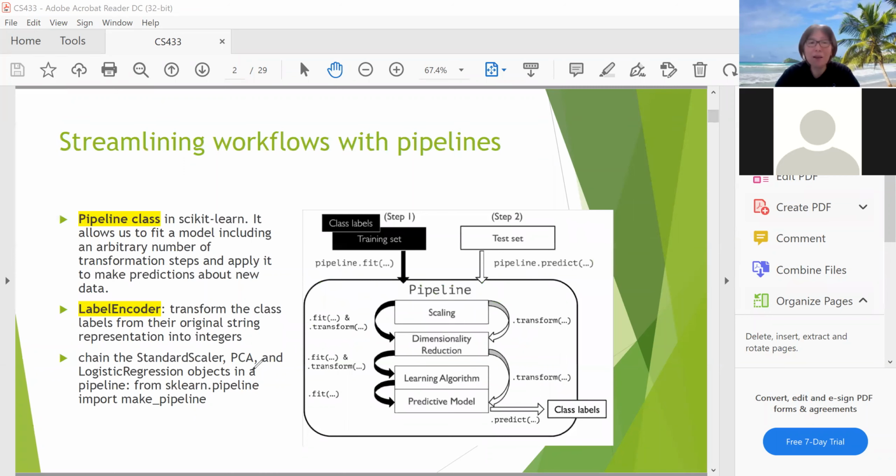The first concept: if you recall, so far what we have learned is that in some cases you need to do data scaling, or feature scaling, so that it can better fit the model, especially if you recall for gradient descent.